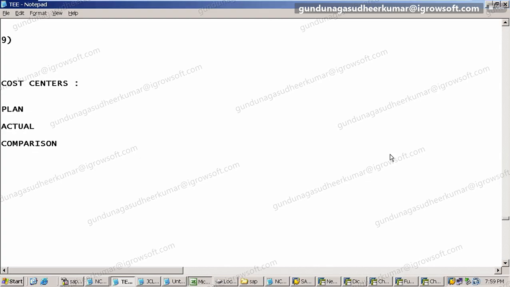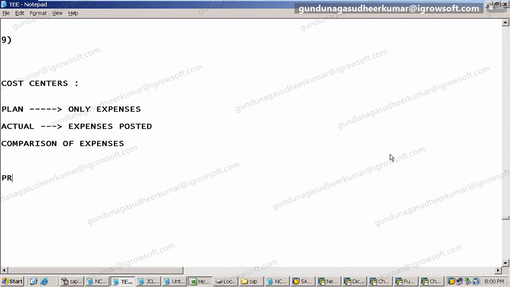You have done the cost center planning, the budget. Here you are planning only expenses. Then you are posting only actual expenses. Then comparison of expenses. So this is a lower level.